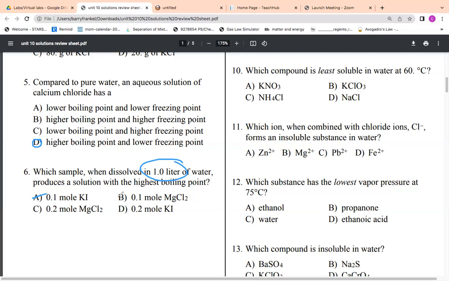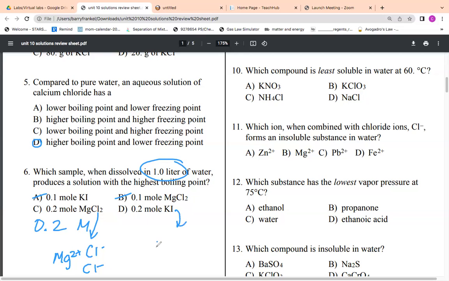So it's definitely not A and it's not B, because the concentration of those would be too low. Both C and D would give you a 0.2 molar solution. But now how do we decide between magnesium chloride or potassium iodide? You also have to look at not only the concentration, but also the number of dissolved ions. When magnesium chloride is put into water, it breaks up into magnesium and 2 chlorines.